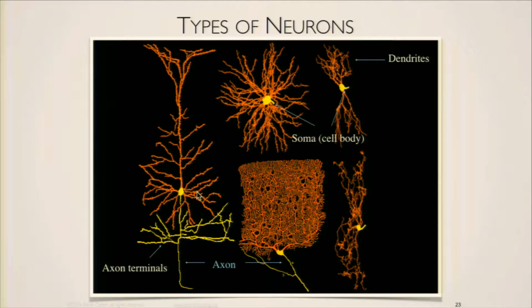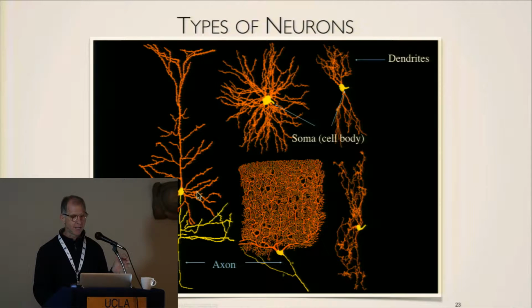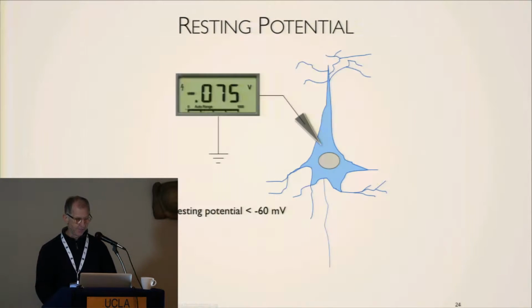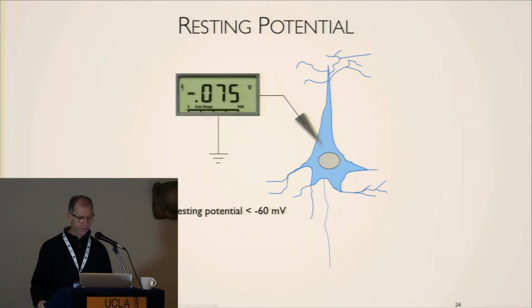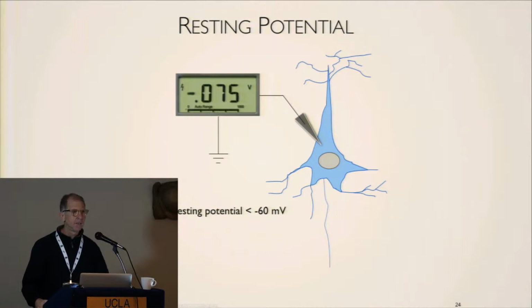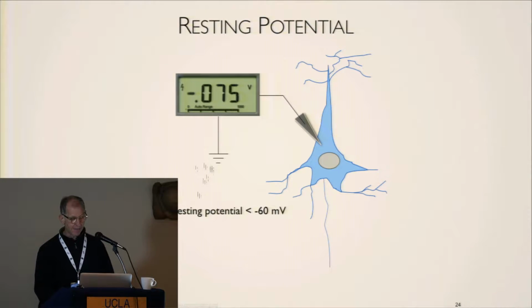Like all cells in the body, they have a potential difference, a voltage potential difference between inside and outside. The difference is that neurons can change theirs. So if you were to stick an electrode inside a neuron, which can be done, you can measure a voltage difference between the inside and the outside, and the neurons are typically about a tenth of a volt lower, a tenth of a volt potential difference, negative compared to the outside of the cell.